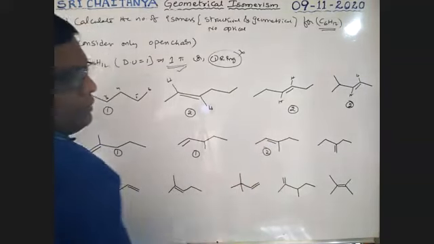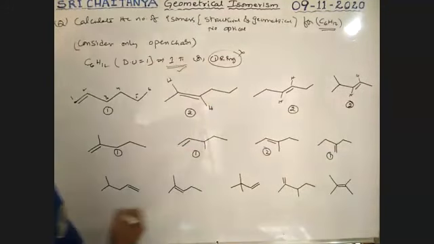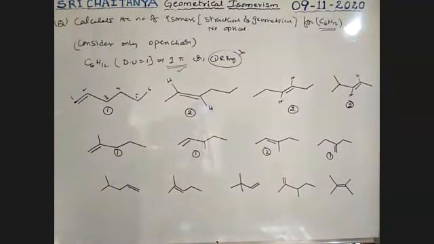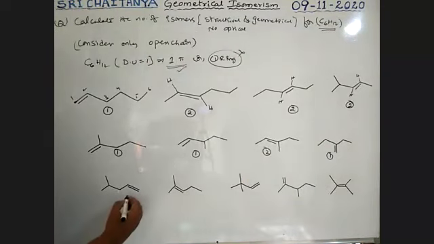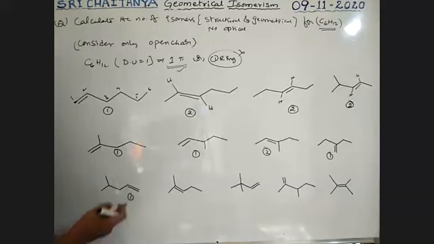Terminal conditions have no cis, no trans, because one carbon has two hydrogens. If two atoms are the same, cis-trans isomerism does not exist.